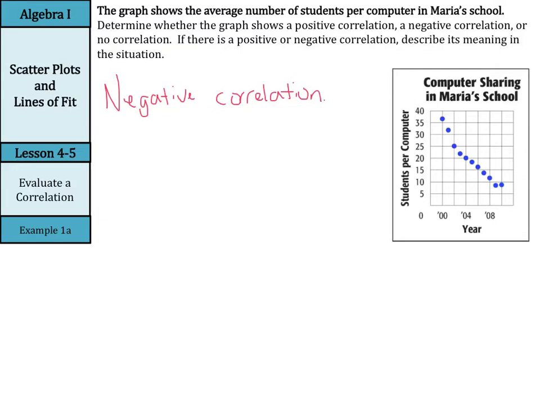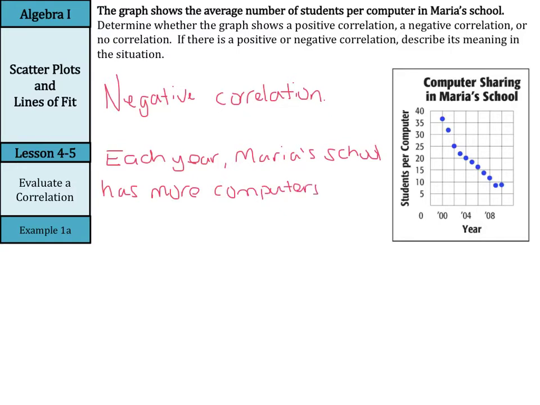Now, for our description of the meaning, this is just one possible sample, but we could say each year, Maria's school has more computers, lowering the student per computer rate.